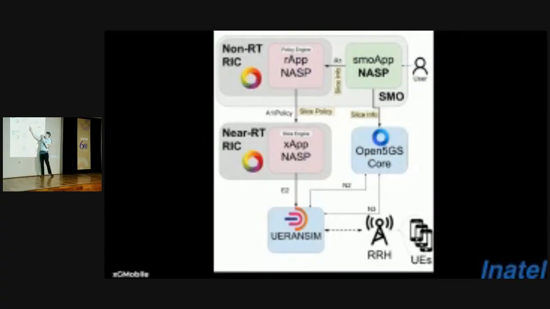In the app, we put the rApp and xApp of NASP, but correctly it is the rApp and xApp of slicing. This app translates the information, calculates the resources for these slices, and creates one policy. Then one translator, two translate, and the xApp applies it in the simulated infrastructure.